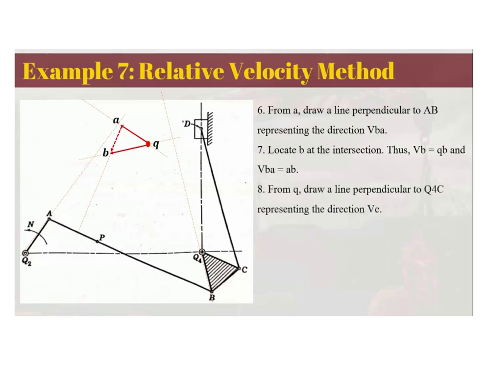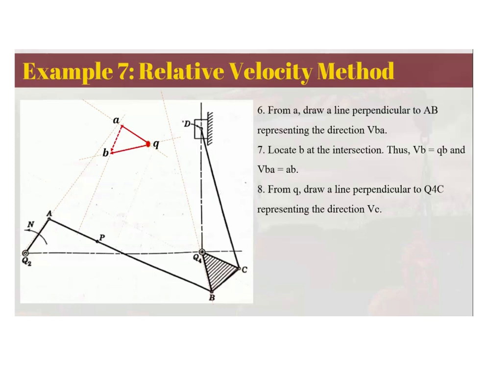So the next step is to draw from Q a line perpendicular to Q4C. So now we are looking for the velocity of C, since B is connected to C. So draw a line perpendicular to Q4C, representing the direction of VC. So we have this line, Q4C, and draw a line perpendicular from the pole, so from the pole, perpendicular to the extension of the line Q4C.